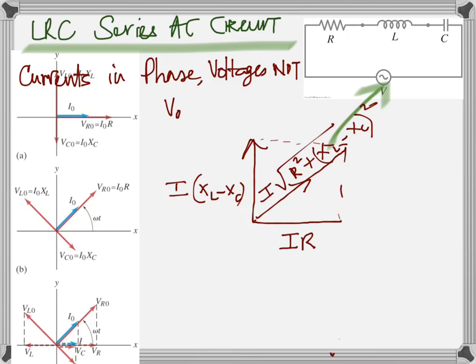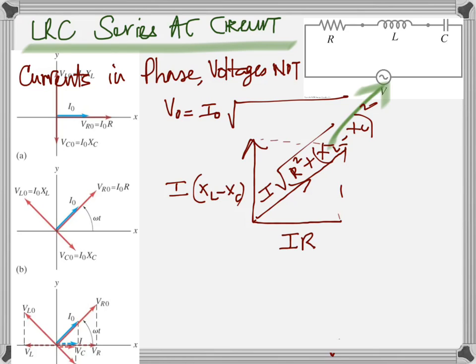And that's really sweet because this is a real part and that's an imaginary part. Resistance is real, a reactance is imaginary. Using math, you could get it without using this phasor diagram. Fine. Now, remember, this is called impedance. Z is the symbol for impedance.